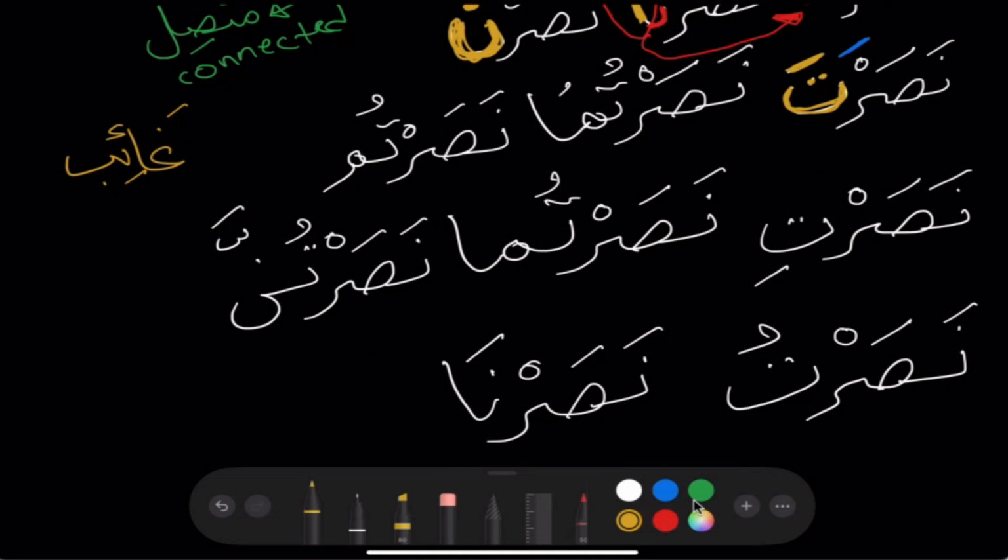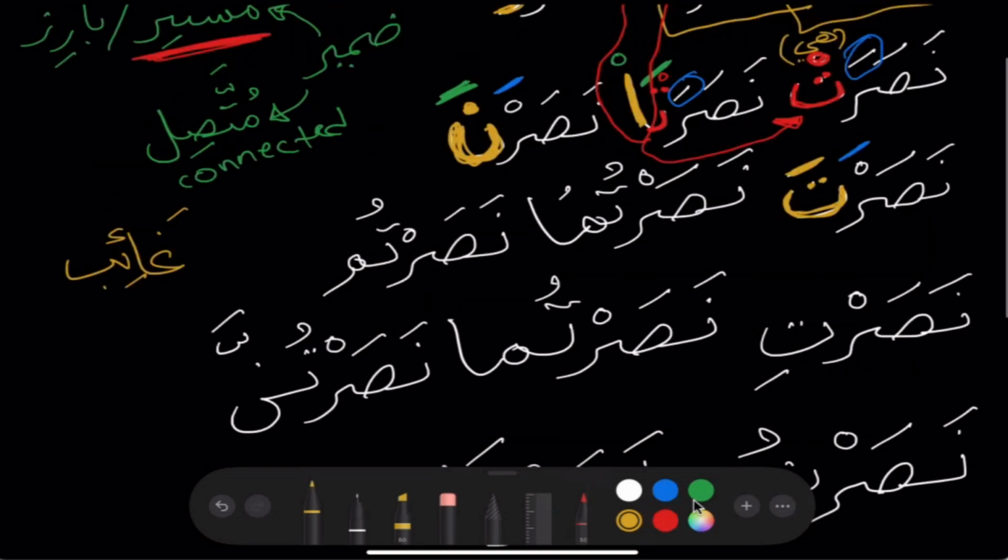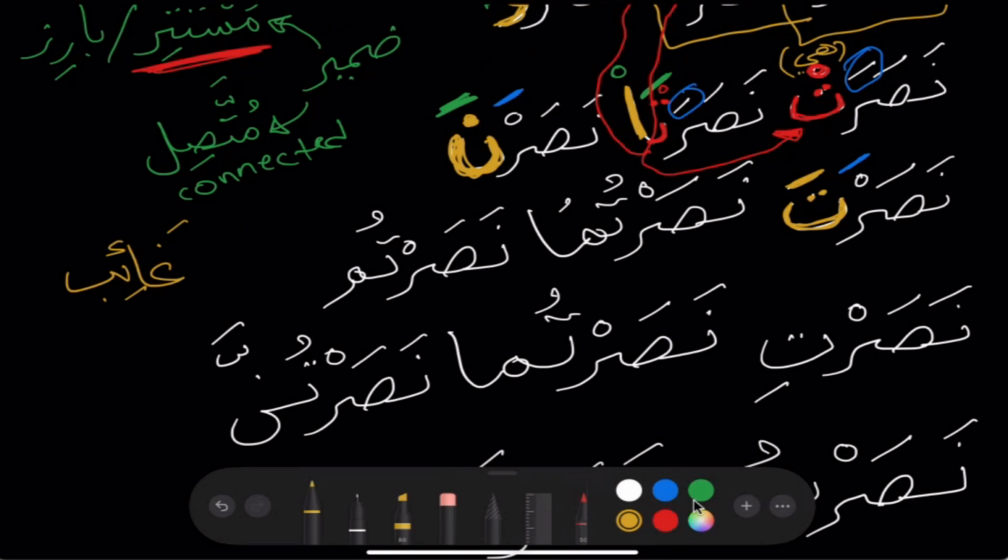Enta is dhamir. What's contrary to muttasil? What's contrary to muttasil is munfasil. Disconnected. Yani independent means disconnected though.